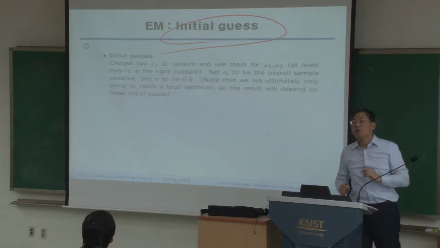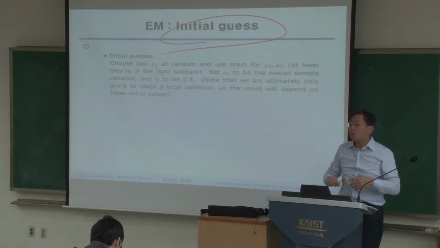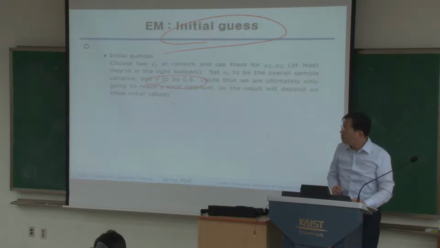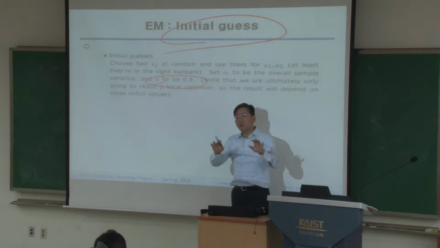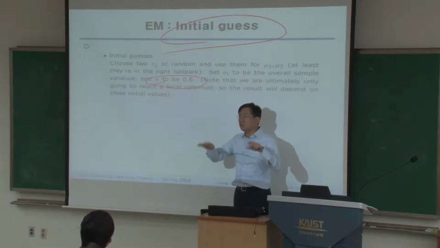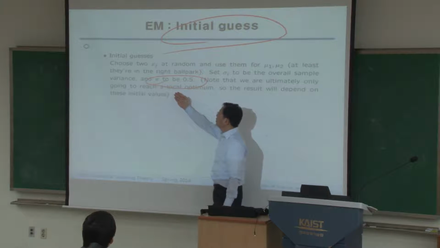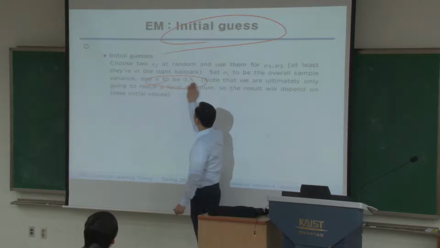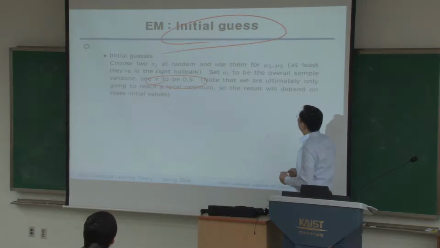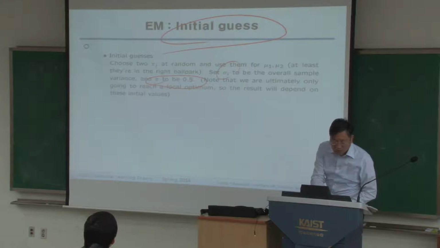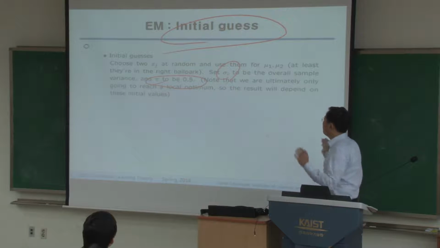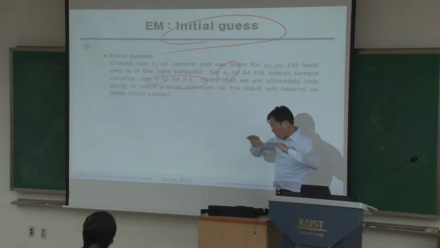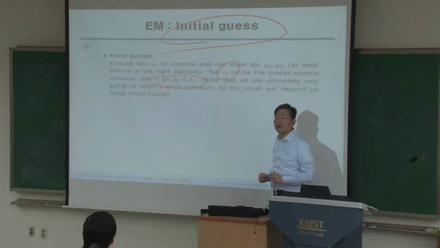Okay. About the initial guess. How should you start? Well, usually, for pi, you give an equal value to each one of the things. It's uniform. Blue, red, green, all equal. And then set each of the variances, if you're doing a Gaussian mixture, to be the sample variance, regardless of whether red, blue, or green, you just take it and you look at the variance.